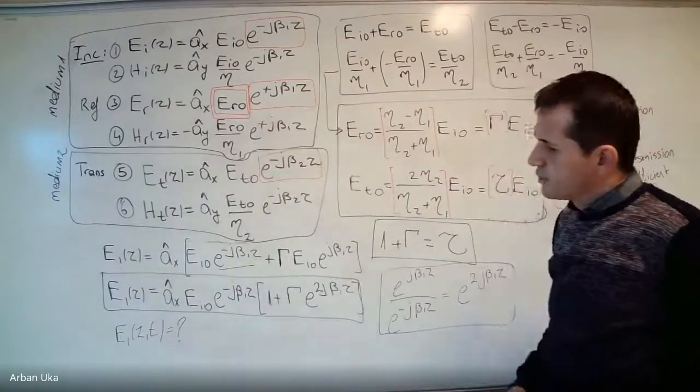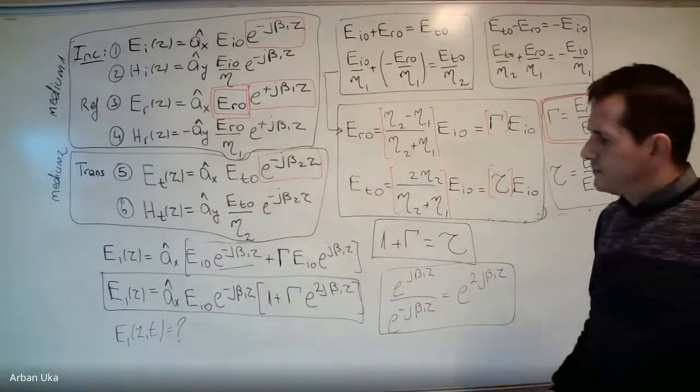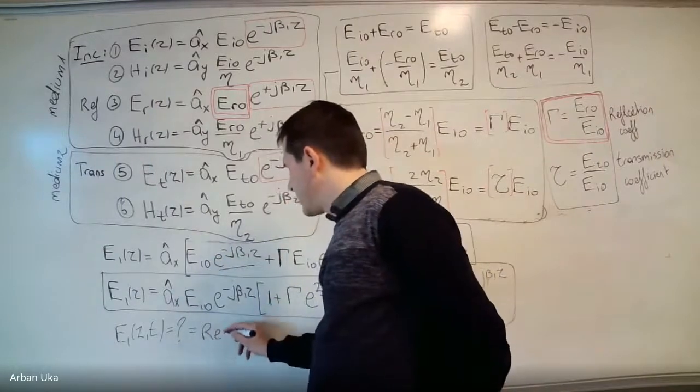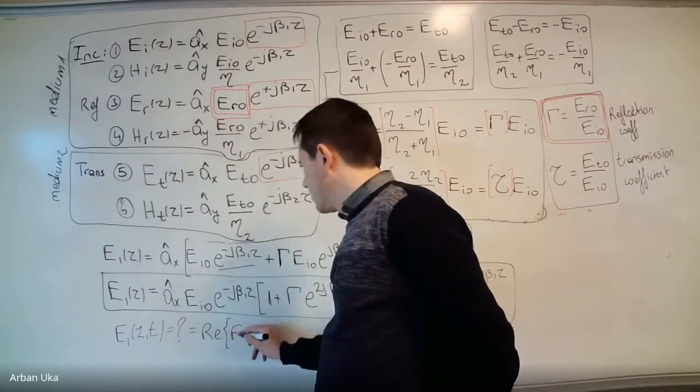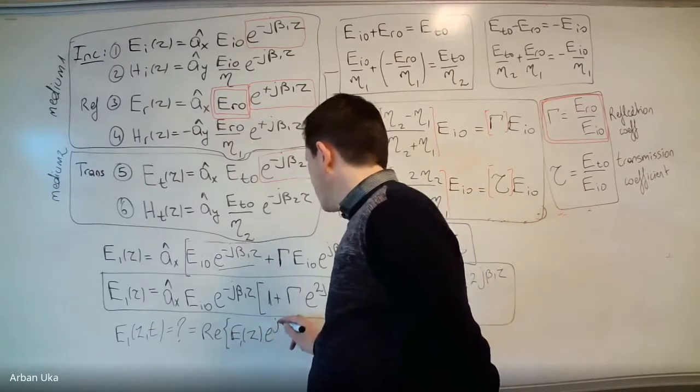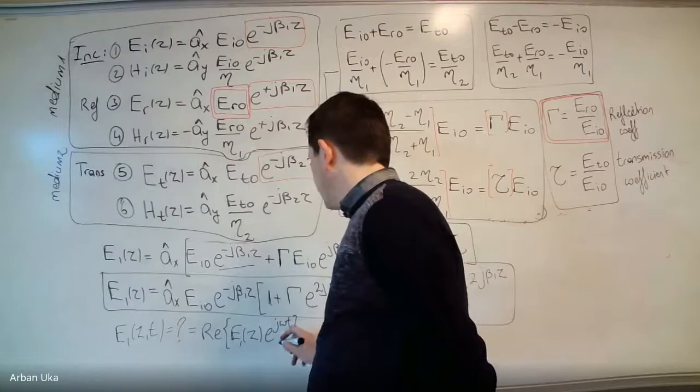So the next step would be the real part of this whole electric field E1(z) times e to the power j omega t.